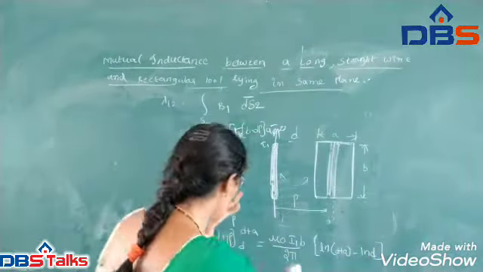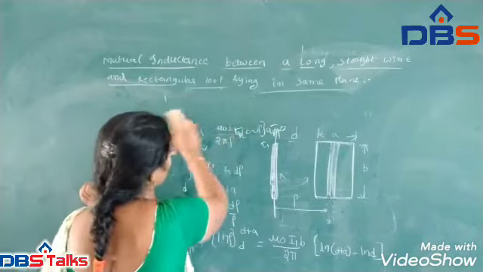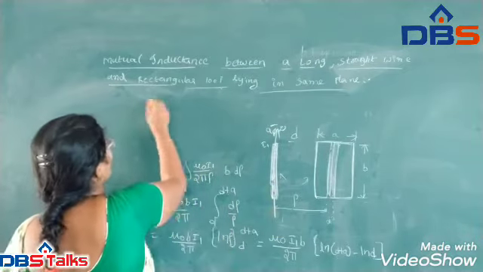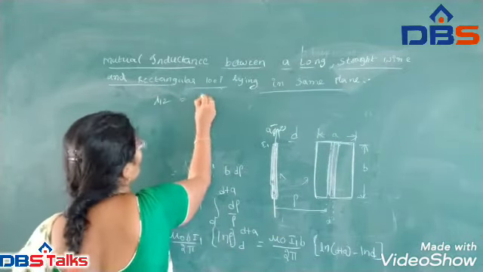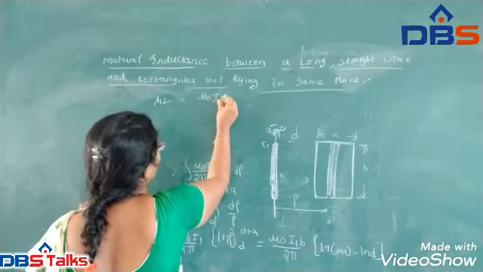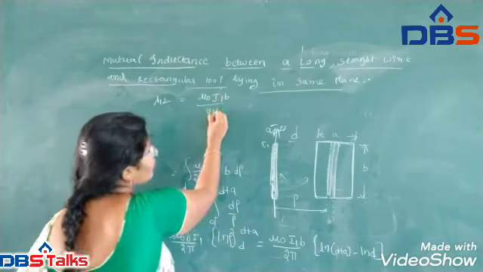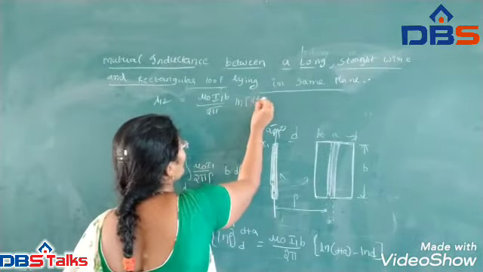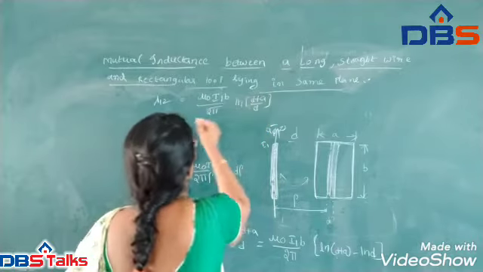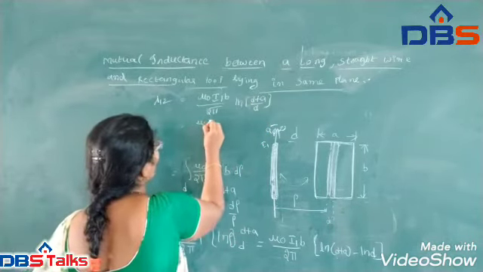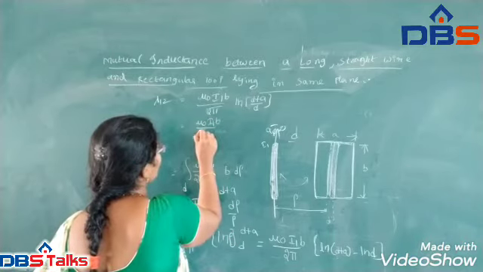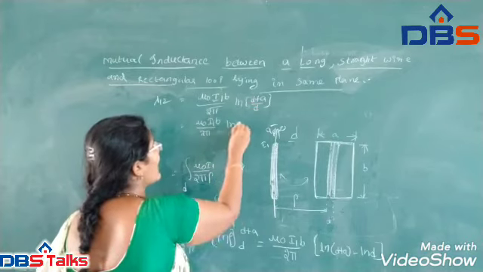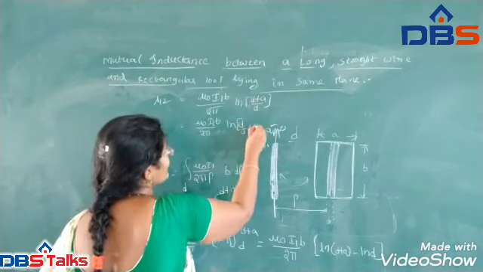So lambda 12 is equal to mu naught I1 b divided by 2 pi times ln of d plus a by d. Here, when we split this, what happened? d by d plus a by d.